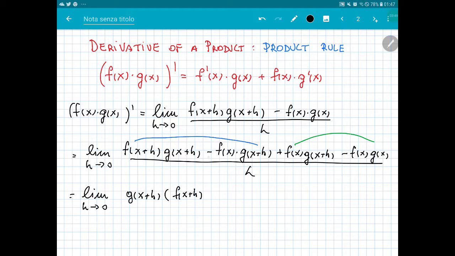And then from the second, I have a negative f of x. Now I have plus, and if I look at the second terms in green, what I can factor is f of x. Then I open a parenthesis, and from the first term, I will be left with g of x plus h. And from the second term, I have a negative sign, and then g of x. So minus g of x. Again, everything divided by h.